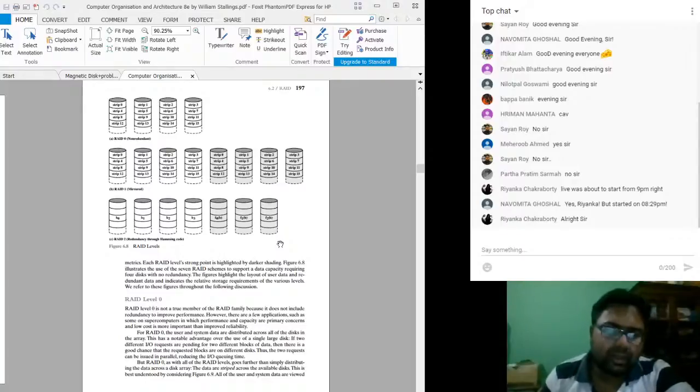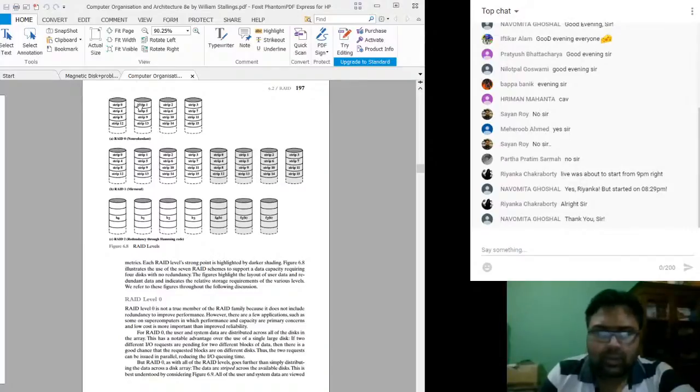We were discussing strips. You are dividing the disk space into logical units known as strips. Say you have an n disk array, say 4 disks in this particular case. You are placing the strips one after another.